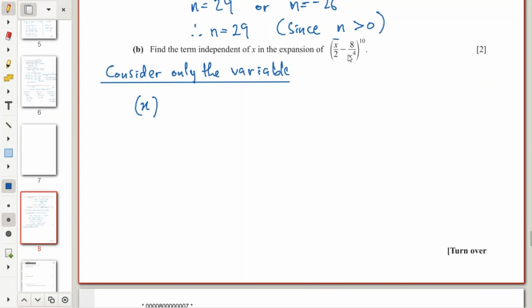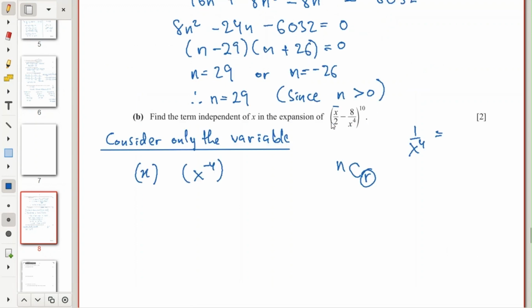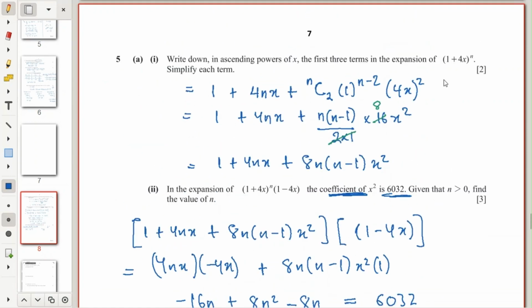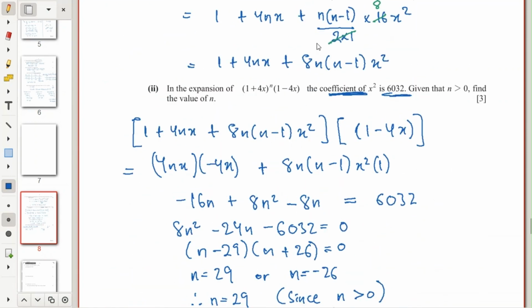Here is 1 over x to the power 4, which can be written as this indices. Now remember that the power of the second term is always the same as the one here.